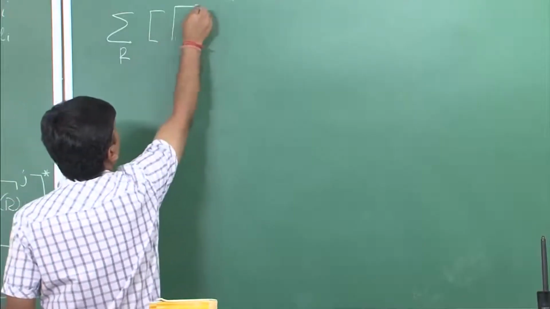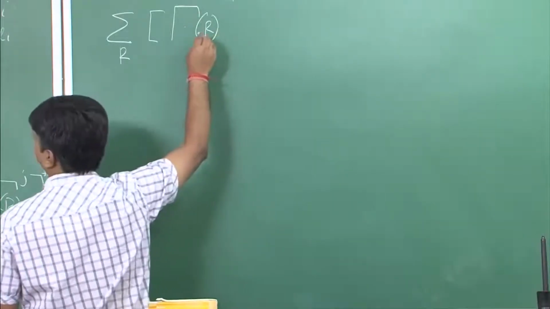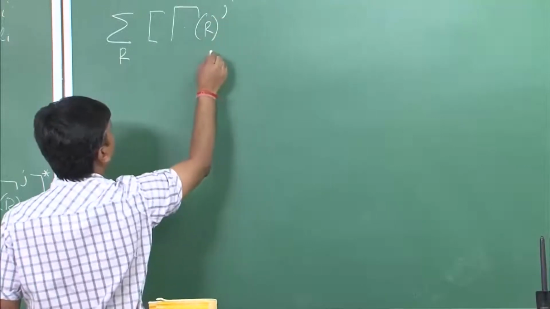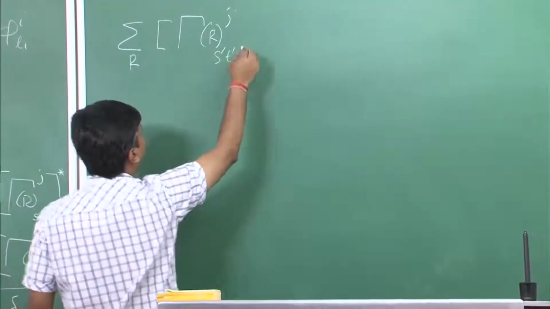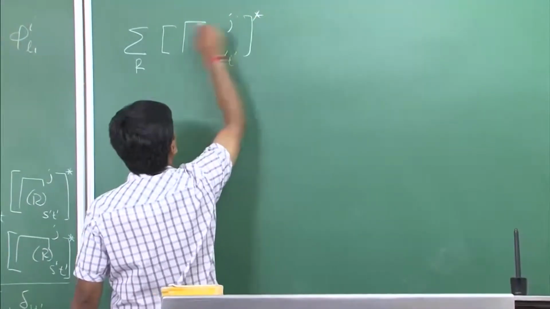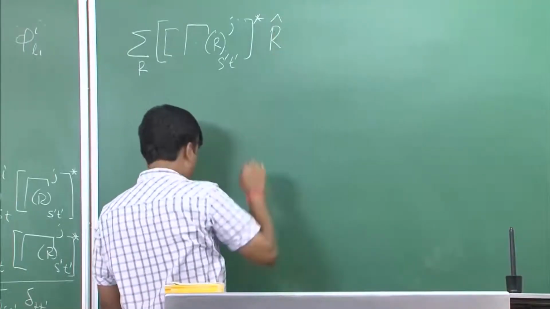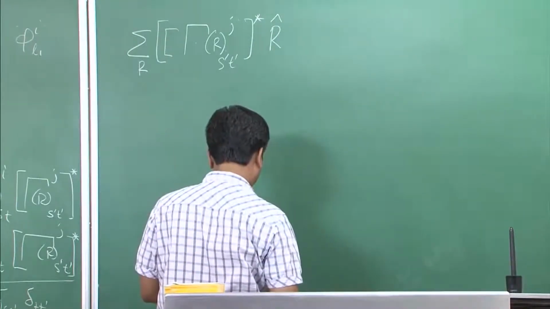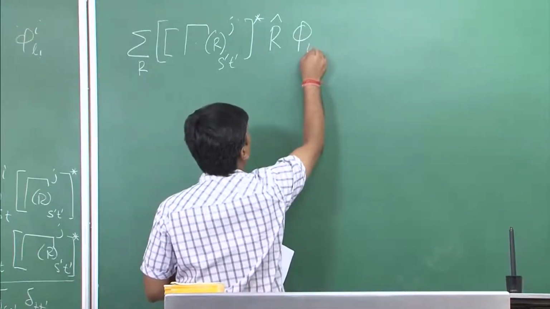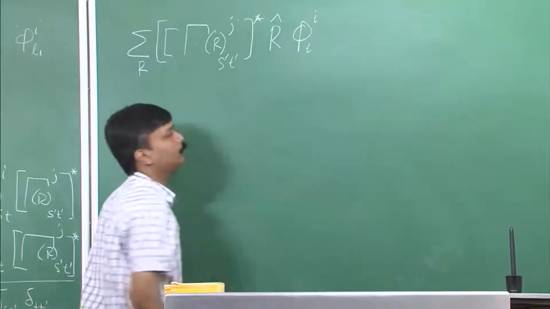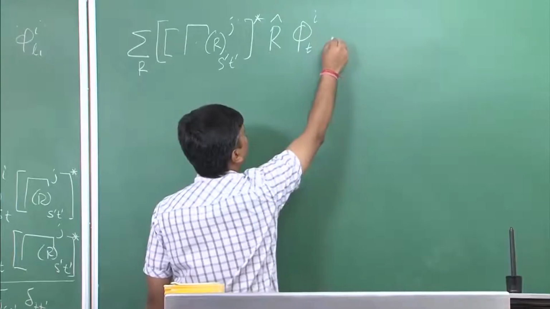So I have gamma of r for the jth irreducible representation having elements s prime t prime, multiplied by the operation r, and acting on phi t forming basis for the ith reducible representation.